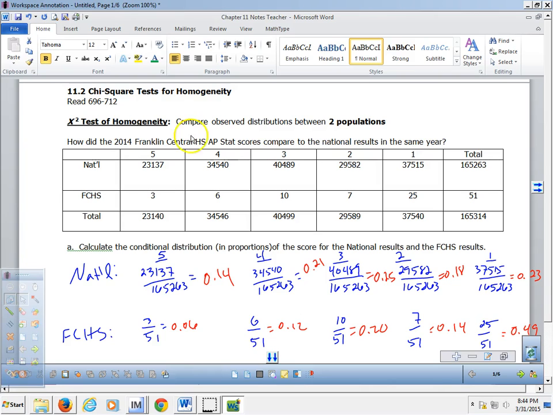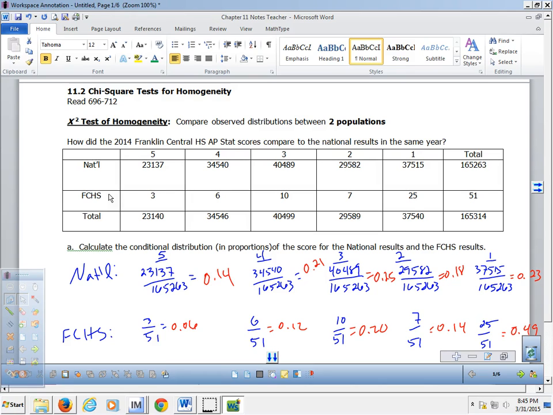Well, if we assume that the two distributions are the same, the national and the FCHS distributions are the same, okay, then what we want to do is sort of figure out, first of all, how much of the total group is made up of the national group and how much of the total number of students taking the test are made up of FCHS students.